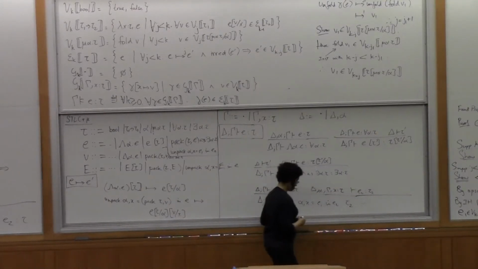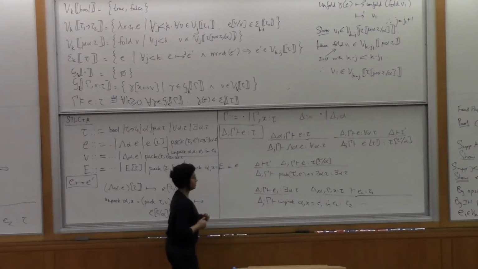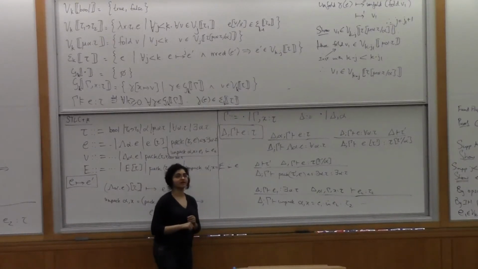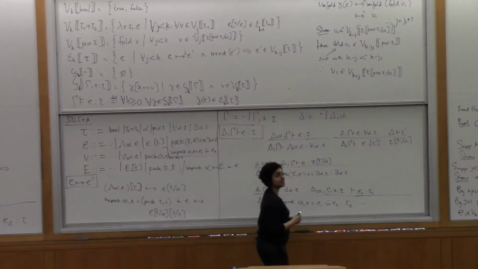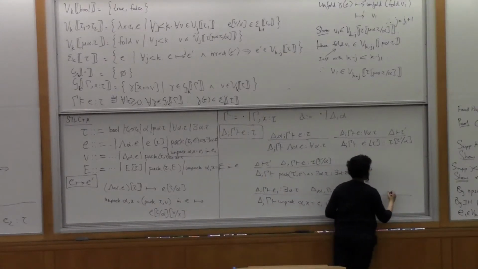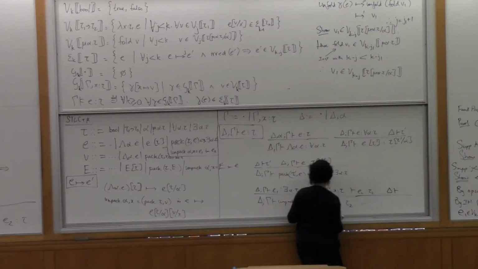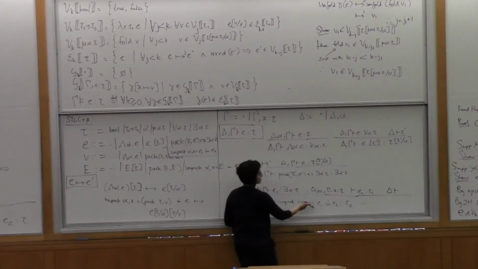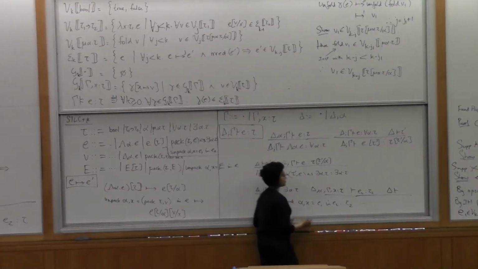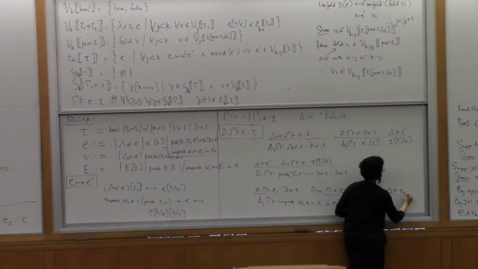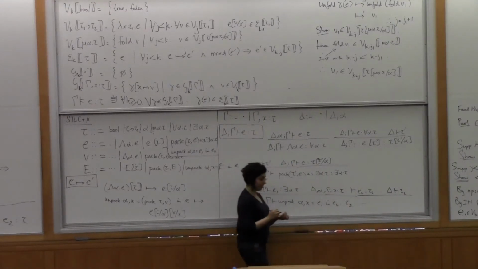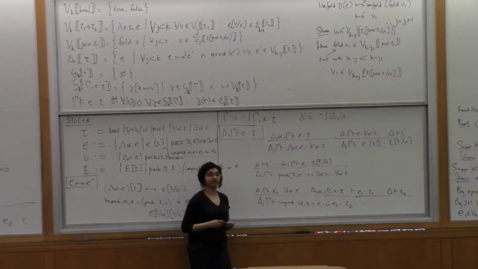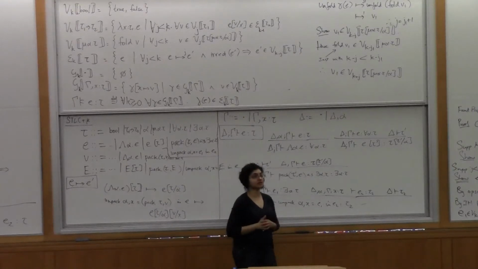Is that it? What do we need to know about tau 2? Tau 2 cannot contain alpha, yes? That's a critical bit. So I'll write that simply as, here I'm assuming disjointness, right? So alpha does not appear in delta, so I'll just say tau 2 has to be well formed under delta. But basically, yes, the important bit there is that tau 2 better not contain alpha, so that alpha cannot leak, in a sense.